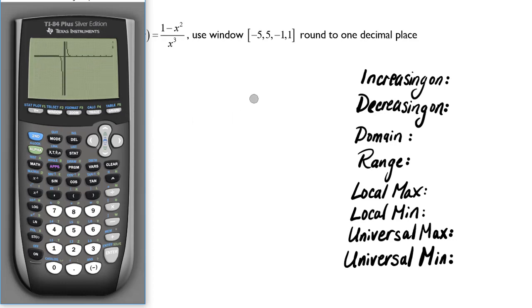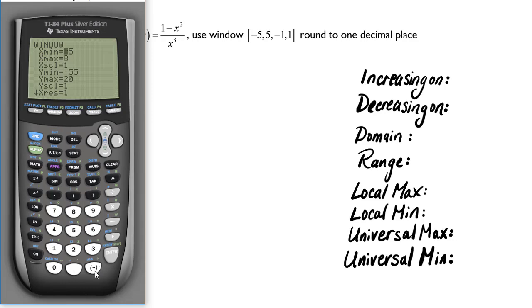All right. Now, I want to show you what happens when you don't set your window to the correct size. You get this weird looking thing. So remember, use the window that's given and round to 1 decimal place. Click on window. Change your window from what is already in there.